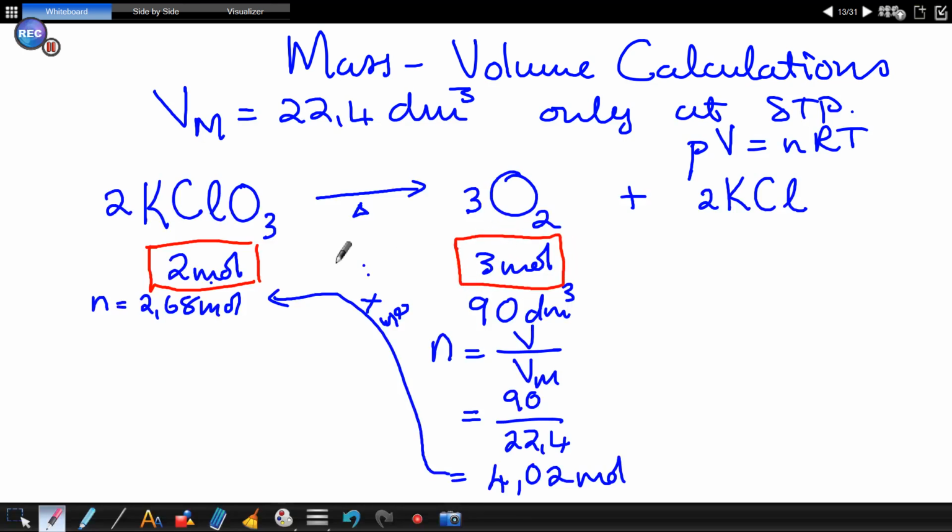So how can I change 3 to 2? I can multiply by 2 over 3. If this is a 1, I multiply by 2. If it is a 2, I multiply by 1. If it is a 3, I must multiply by 2 over 3, because I need to change this 3 to a 2.